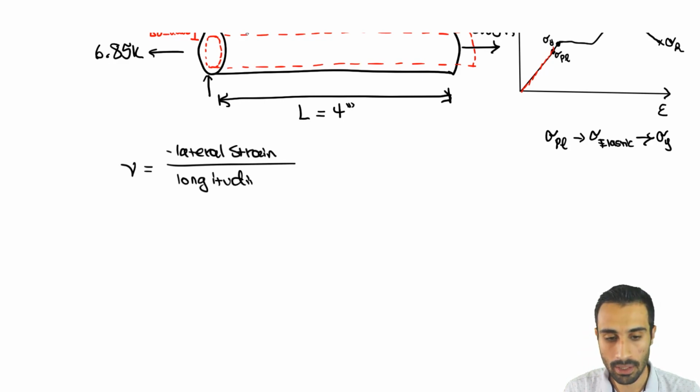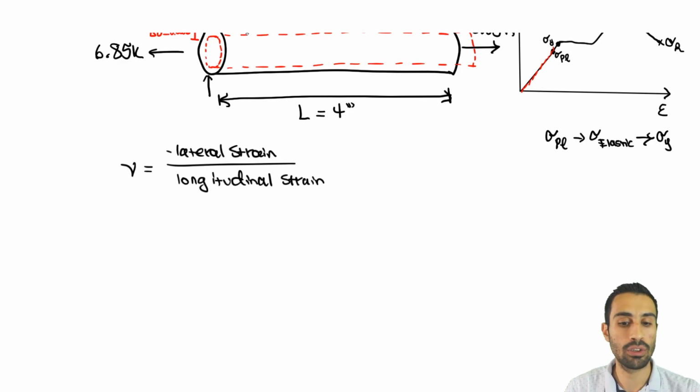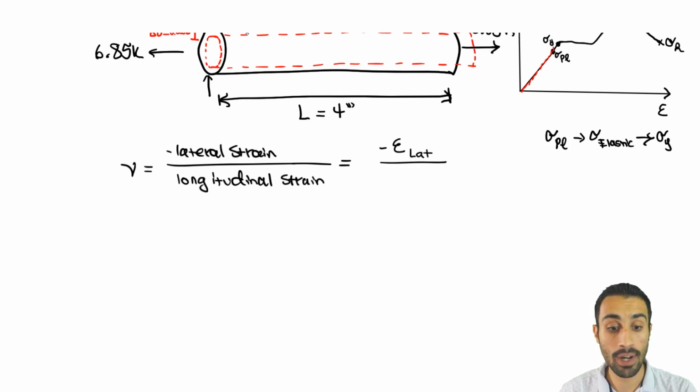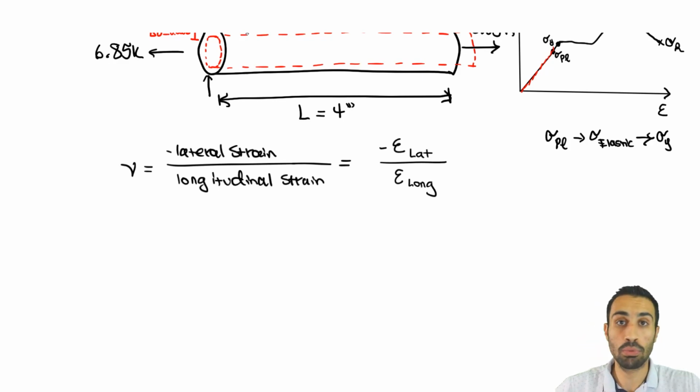And what letter do we give strain? We know that is epsilon, right? So we will say negative epsilon lateral, LAT for lateral, divided by epsilon, LONG for longitudinal. So now we just need those two and we're done.